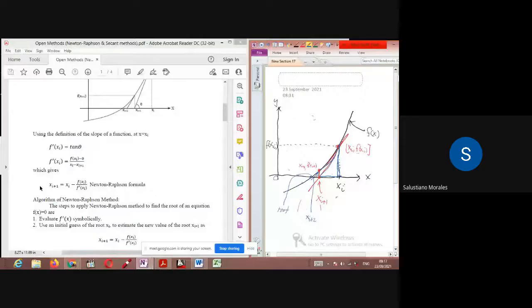Maybe one of the disadvantages of this method is we are required to evaluate the derivative, the first derivative of the function. So that is maybe one of the problems na ma-encounter natin later on if we're going to solve problems. Most especially if the functions are not readily evaluated yung derivative niya.